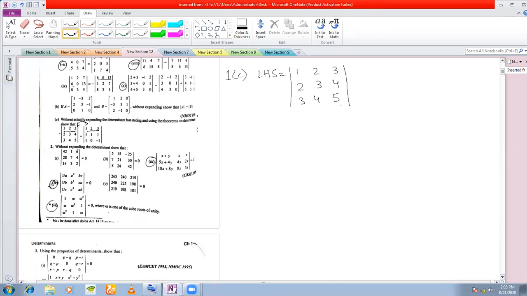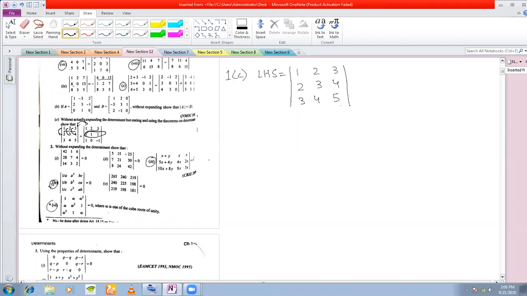Any ideas coming in your mind? What you see is that the second row is obtained if you subtract 2 minus 1, 3 minus 2, and 4 minus 3.